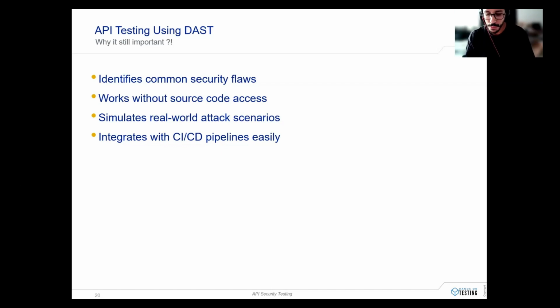And second point is we don't need access to the source code. Unlike static analysis, where you need to have the source code of all the components of your application.